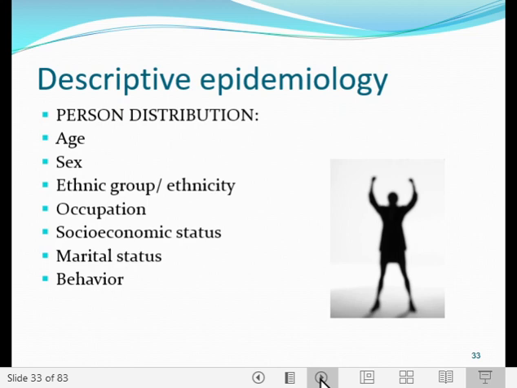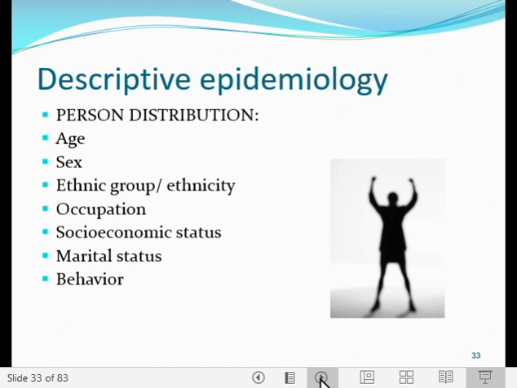Similarly for sex, similarly for ethnic groups, occupation, people who are working in flour factories are more susceptible to decay. Socio-economic status, if it is high, then there are lifestyle related diseases such as hypertension, diabetes, while nutritional deficiency diseases are more prevalent in people of lower socio-economic status.